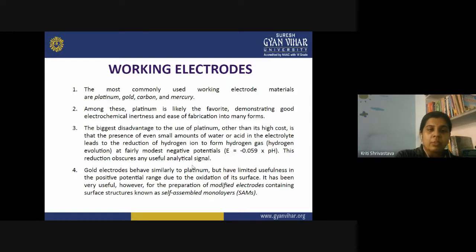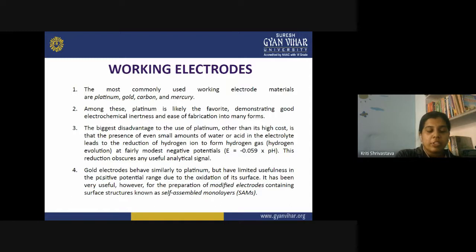Another noble metal which is used for the manufacture of electrodes is the gold electrode, and its behavior is also very similar to platinum. It has good electrochemical inertness and ease of fabrication, but again, the gold electrode is really costly due to the cost of gold, and it has limited usefulness in the positive potential range due to oxidation of its surface.